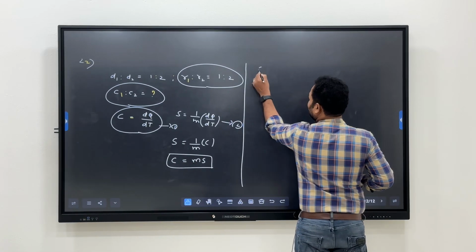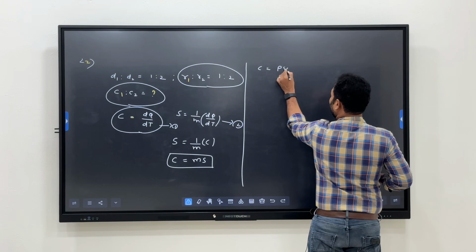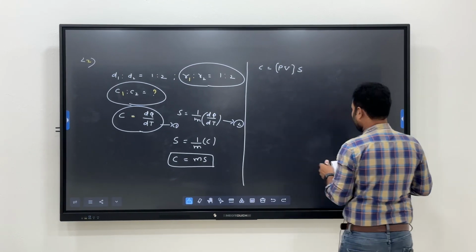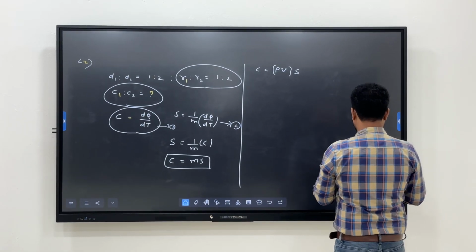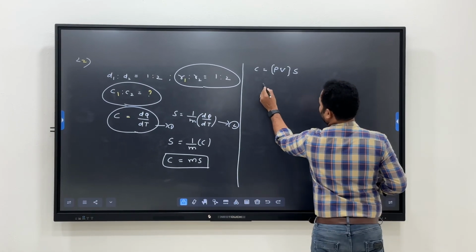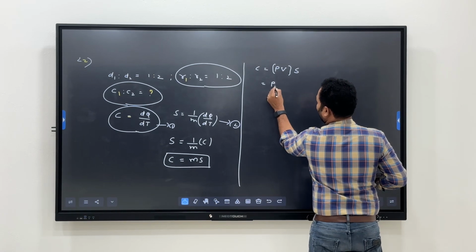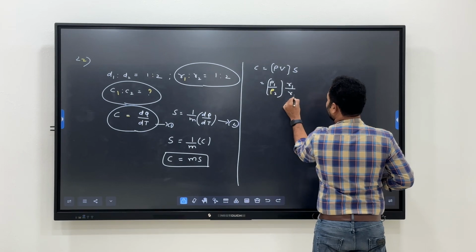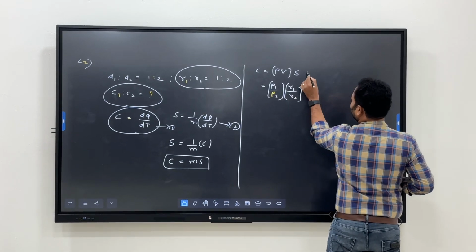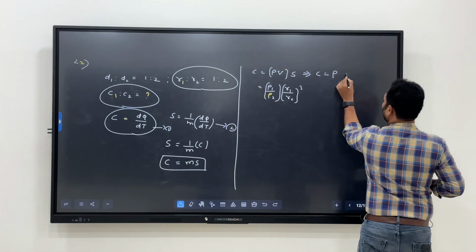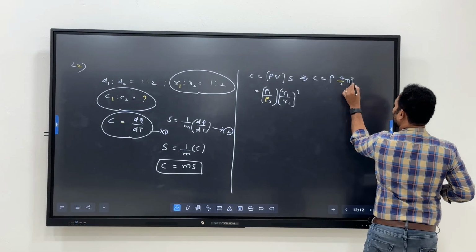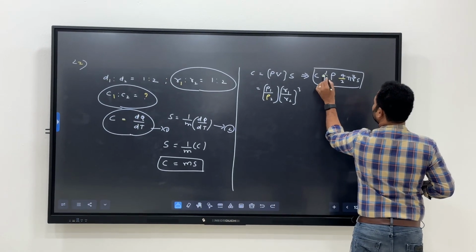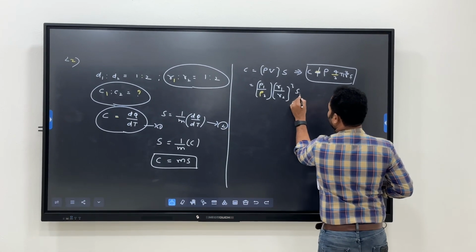Now C is equal to m S, where mass is equal to density into volume, so C is equal to density into volume into S. Volume is 4 by 3 pi r cube, so C is equal to rho into 4 by 3 pi r cube into S. Rho is constant, S is constant.